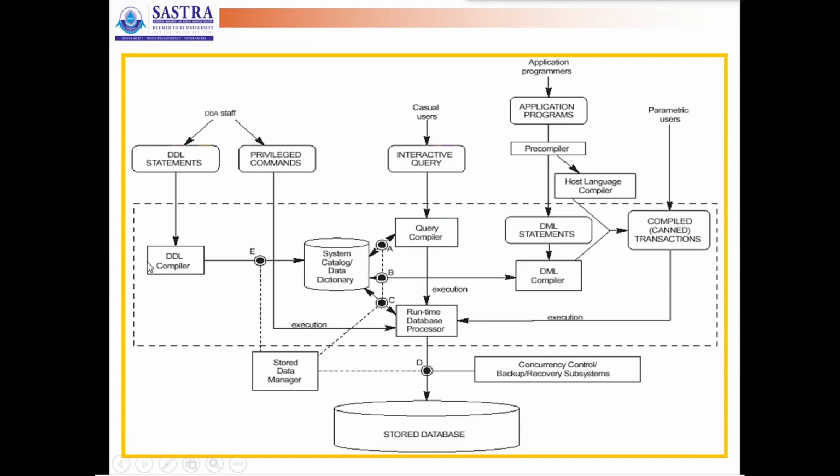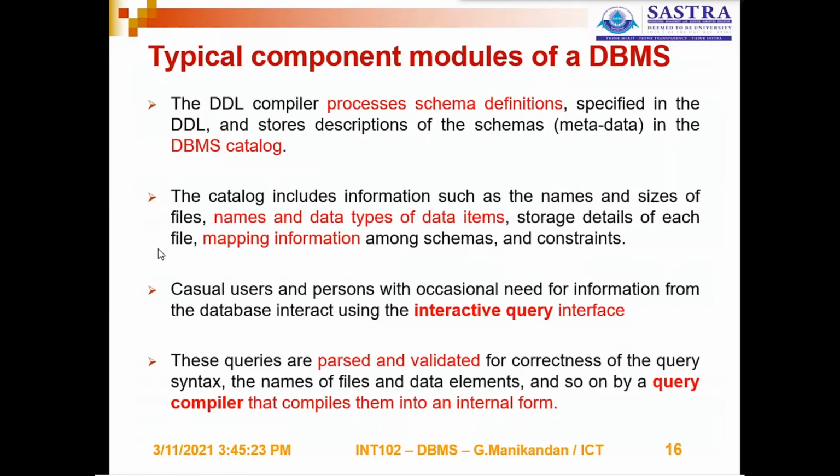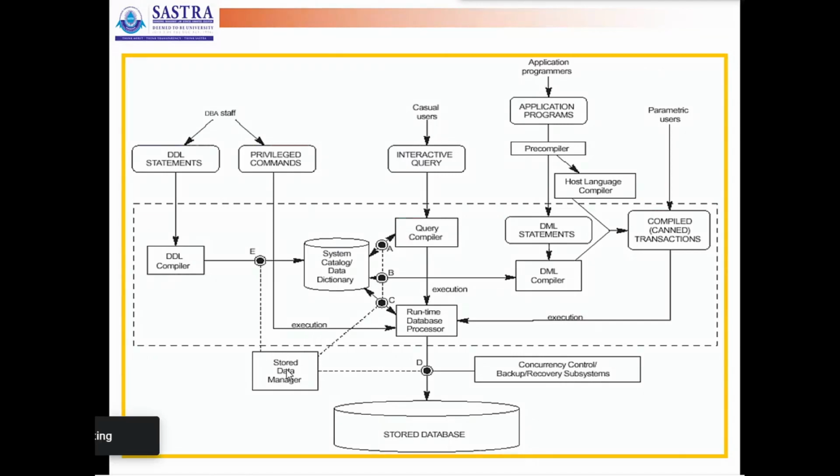Your DDL compiler will extract the information related to the structure and it will store that information as part of your system catalog. Another name for your system catalog is data dictionary. The data available inside this data dictionary is called metadata. Why is it called metadata? It is not the actual data.